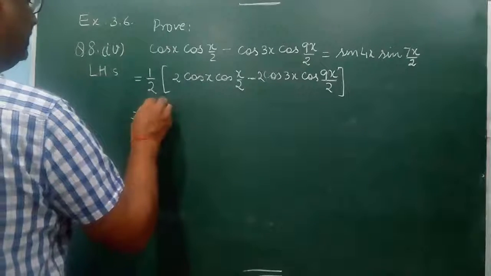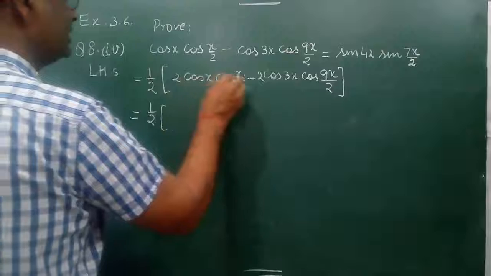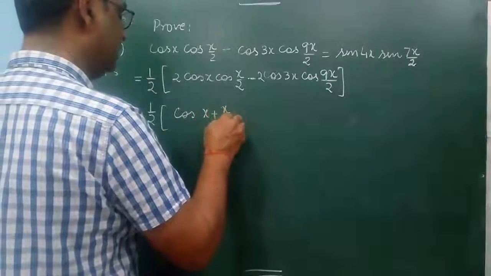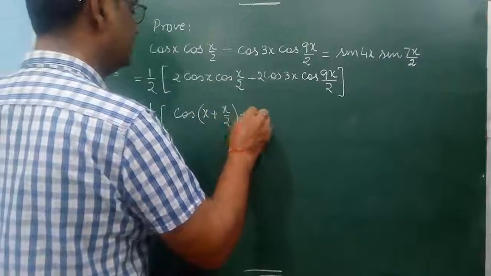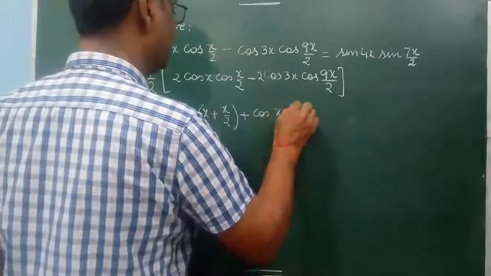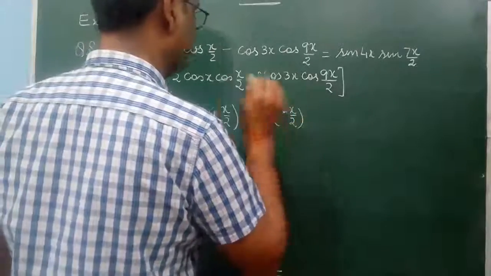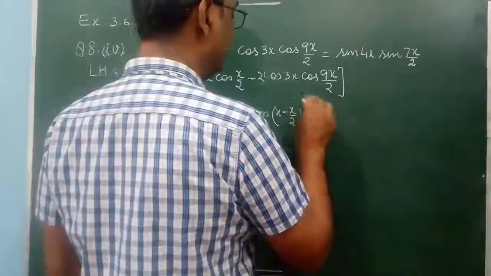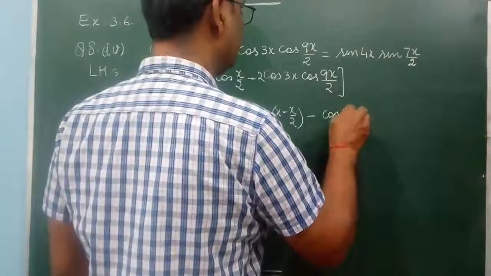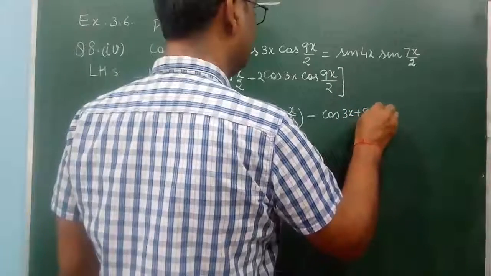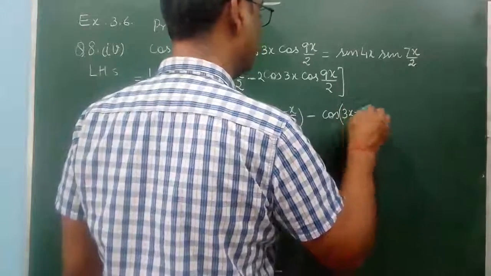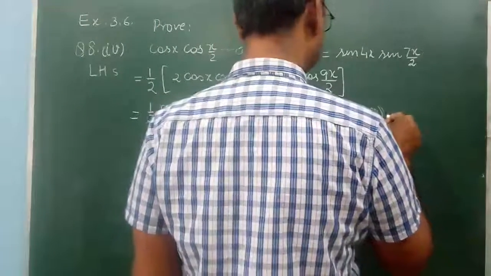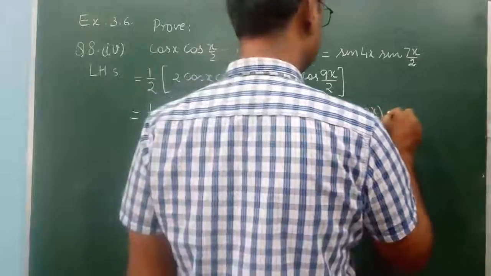So here the formula will be 2 cos a cos b is cos (a plus b) plus cos (a minus b). So cos (x plus x by 2) plus cos (x minus x by 2), minus, now here we can have the formula, cos (3x plus 9x by 2) plus cos (3x minus 9x by 2).